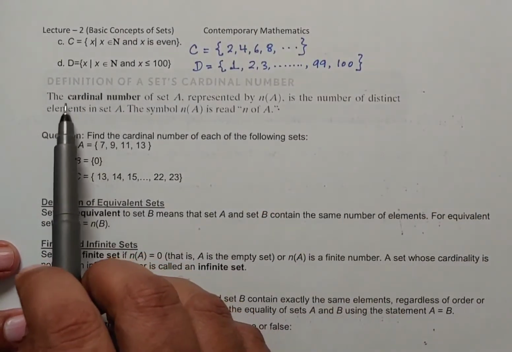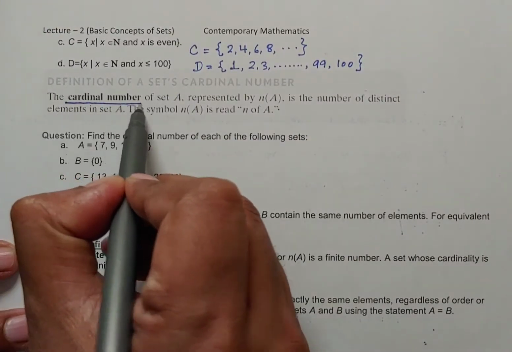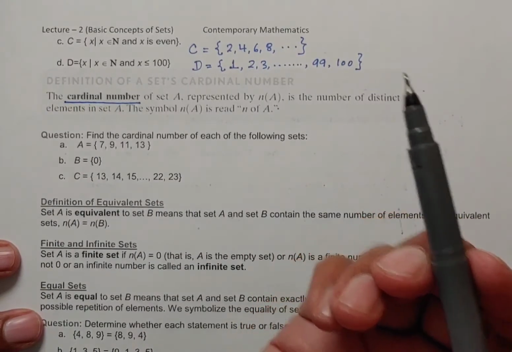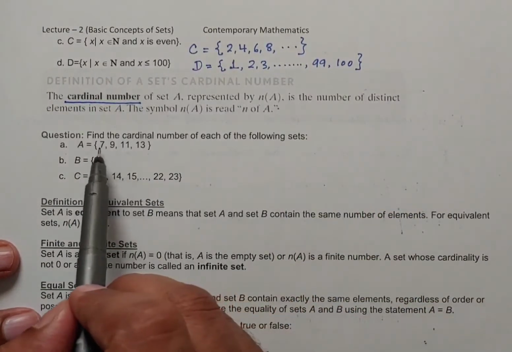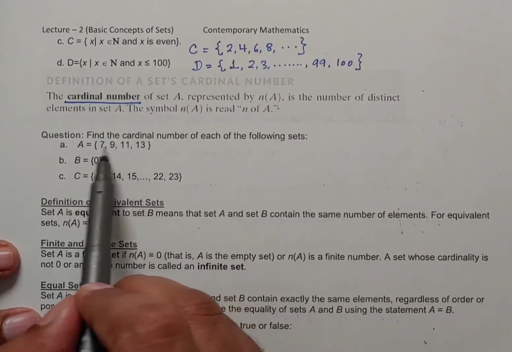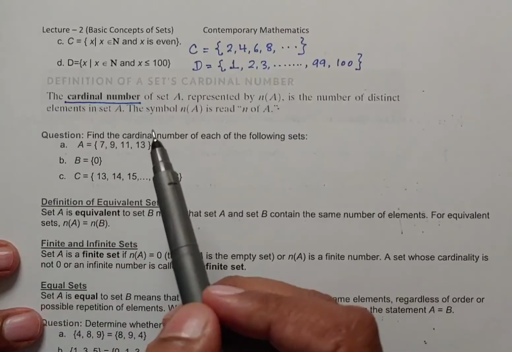Now the next thing is the cardinal number. The cardinal number is a number that counts how many elements are inside the set. If A is 7, 9, 11, 13, there are 4 numbers inside set A, so the cardinal number of A is 4.